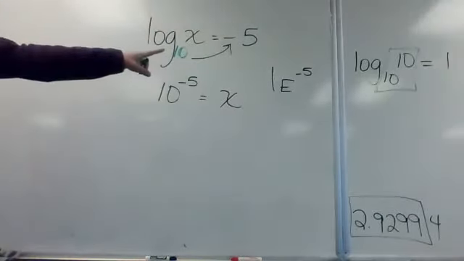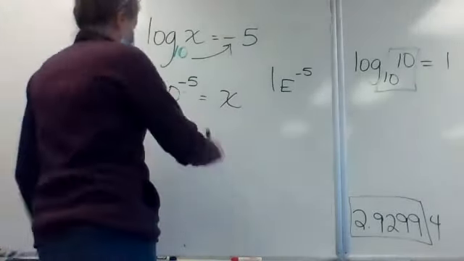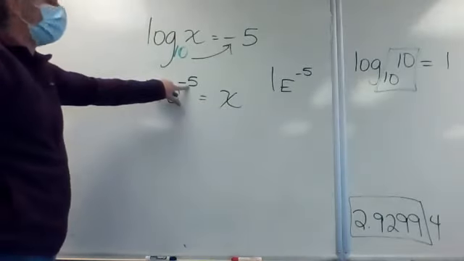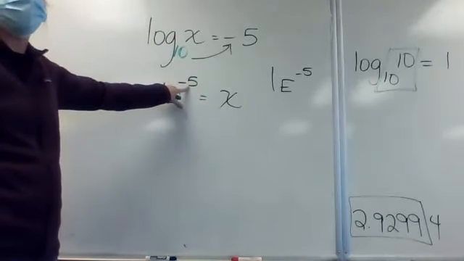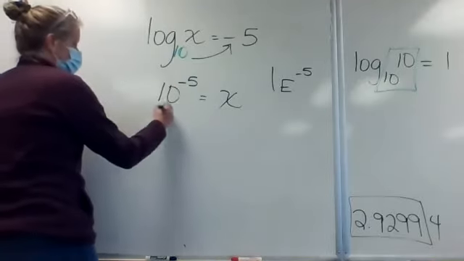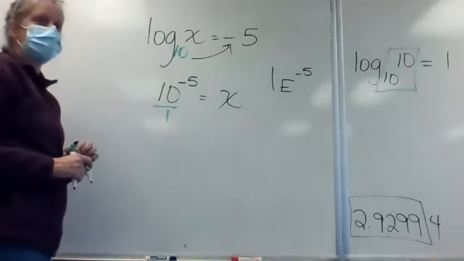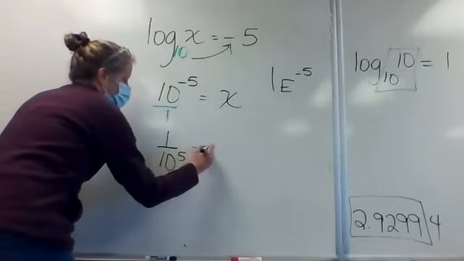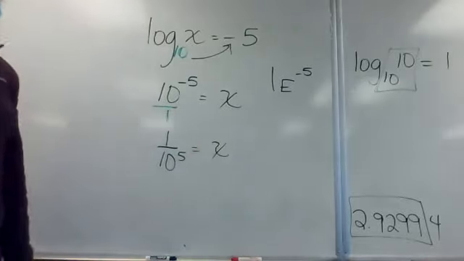So what does this mean? This means if I wanted to be able to do it in my calculator, I would need to make this exponent positive. How do you make it positive? You flip that base, so that would be 1 over 10 to the 5th equals x.